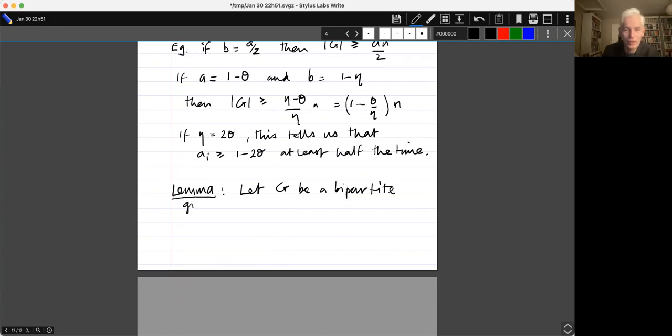I really can't afford to use anything else because I need another graph later on. So let G be a bipartite graph with finite vertex sets X and Y, and density delta.